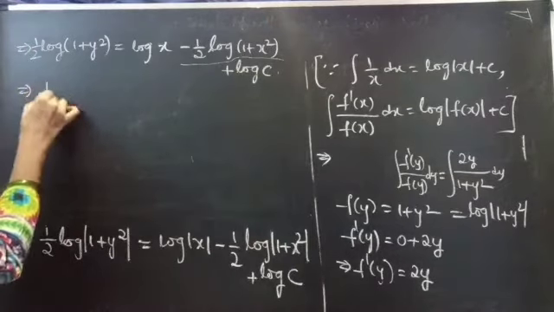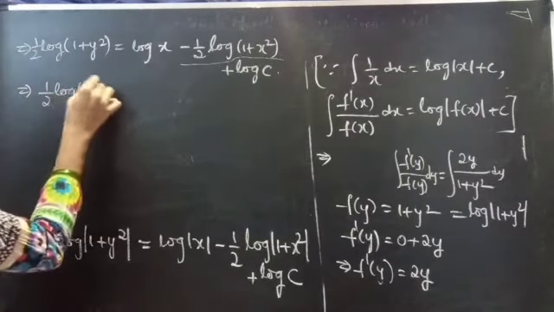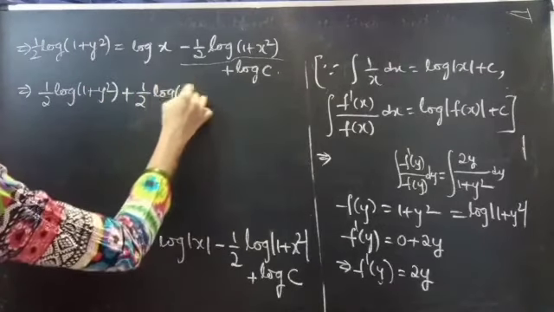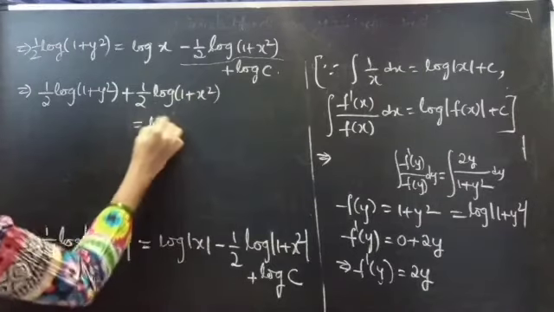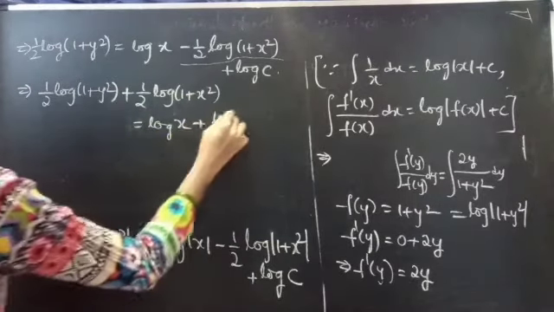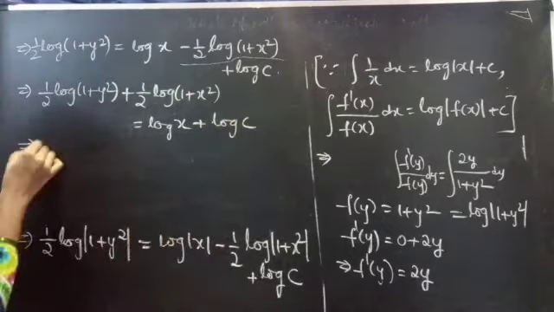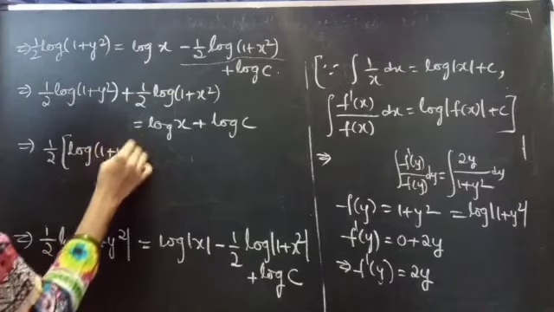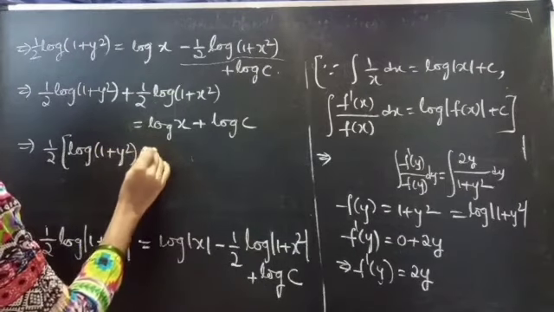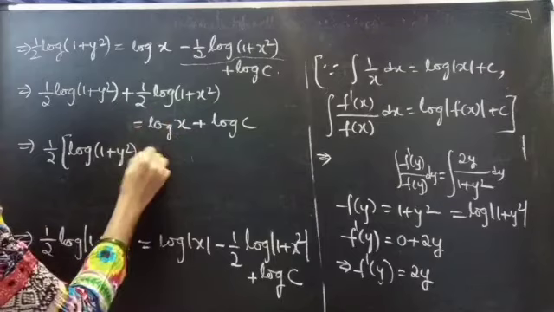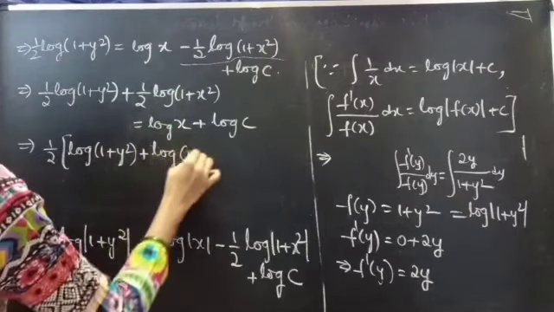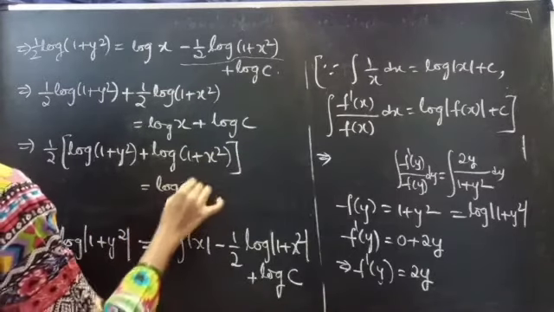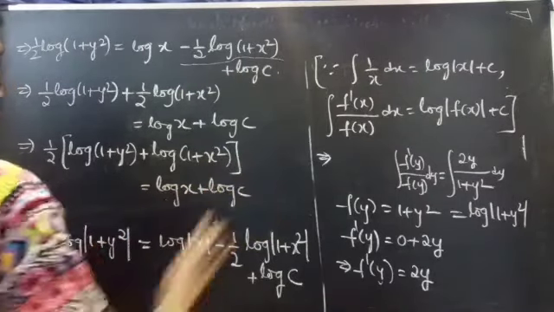You'll get 1 by 2 log 1 plus y square plus 1 by 2 log 1 plus x square equals log x plus log c. You'll get 1 by 2 into log 1 plus y square plus log 1 plus x square equals log x plus log c.